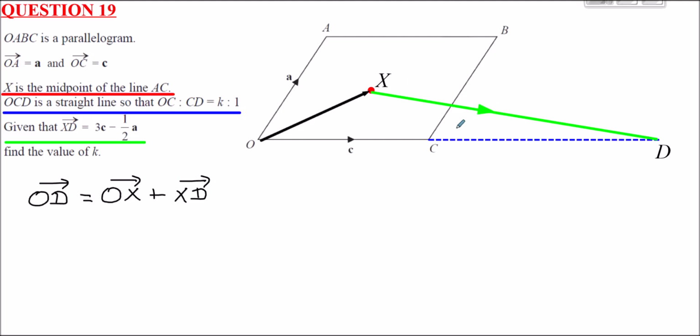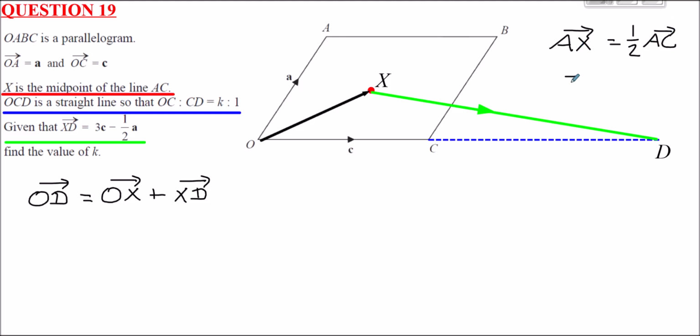But the thing is, how do I go from O to X? So what is the vector from O to X? Well, X is halfway in between A and C. And so, first of all, let's think about what AX is. From A to X, it's only halfway from A to C, because X is half the distance.